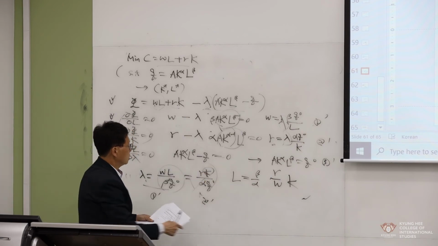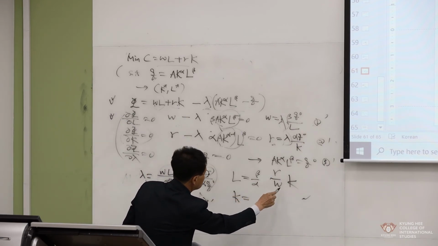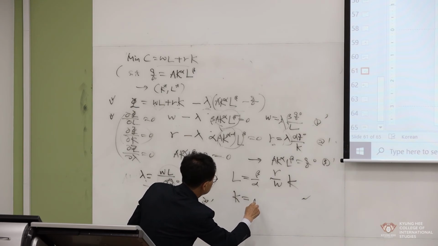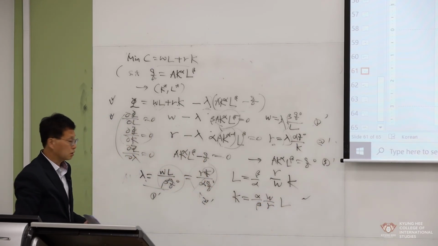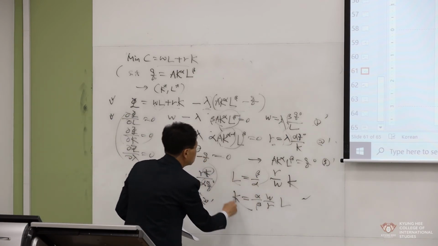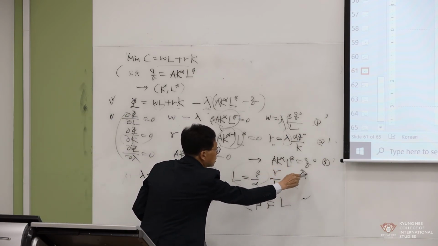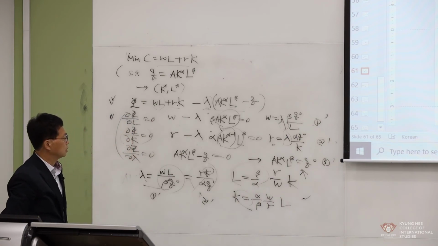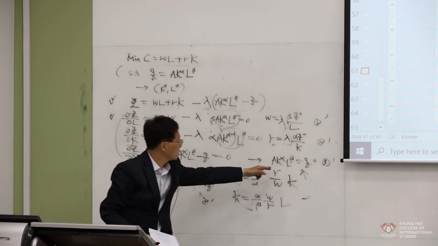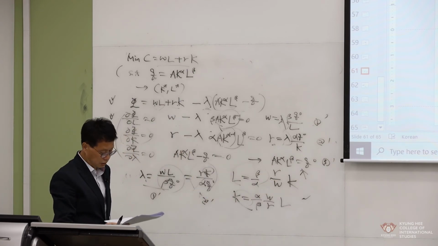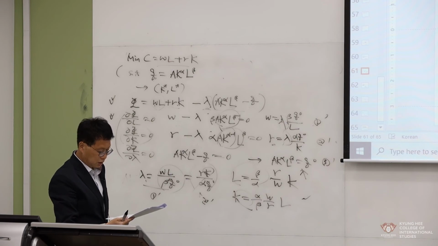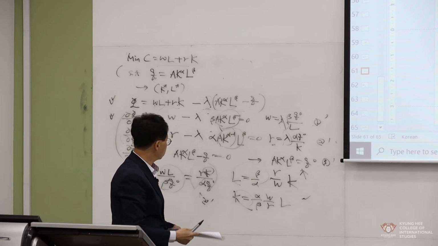Or capital is equal to α over β, W over R, times L. Same thing anyway. Then this one should be inserted here, into number 3, and then we can get capital or labor.